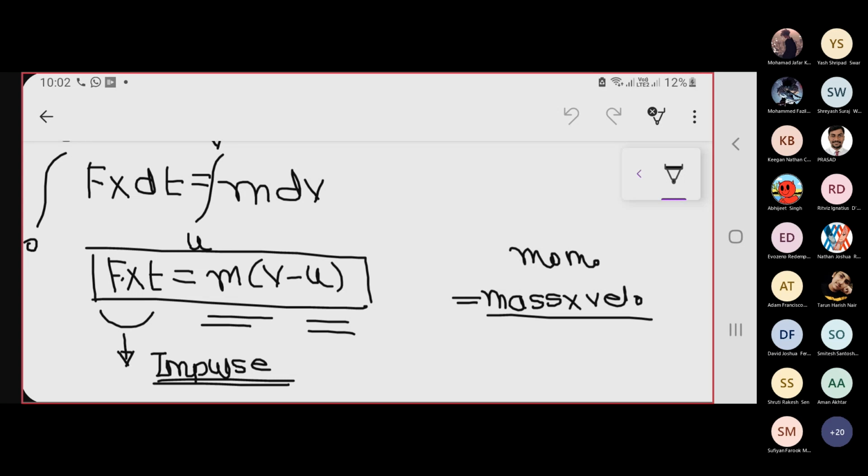Okay, let's solve some problems on the impulse momentum equation.